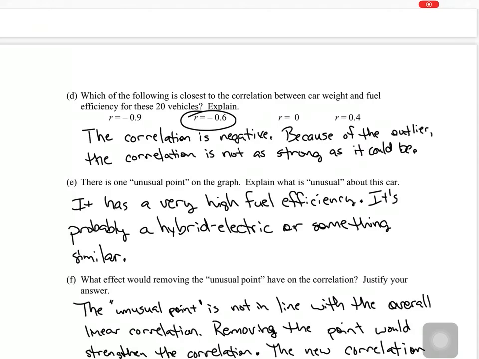Because of the outlier, the correlation is not as strong as it could be. Without that outlier sticking way up high, that's a much stronger correlation, and then maybe it's a negative 0.9. But as long as that outlier is there, this is not as strong as it could be, so it's probably negative 0.6.